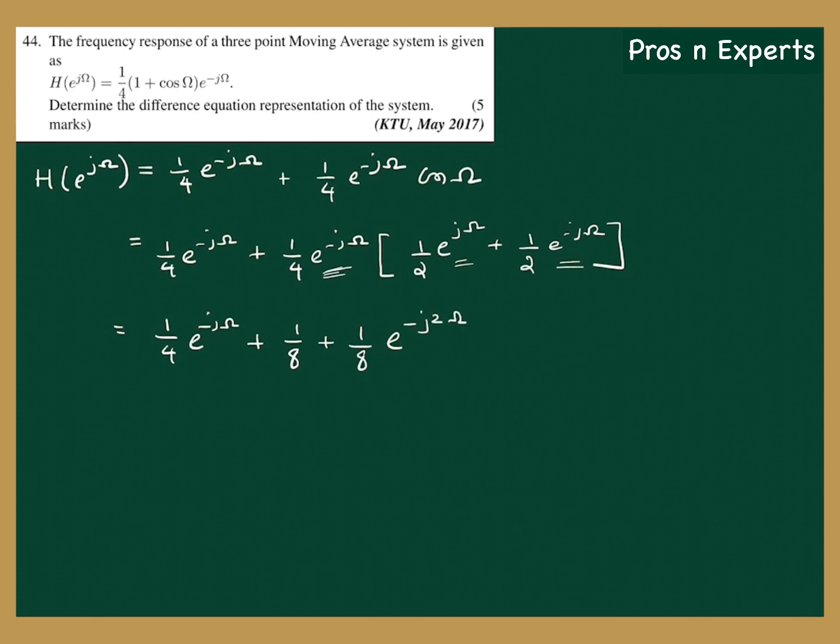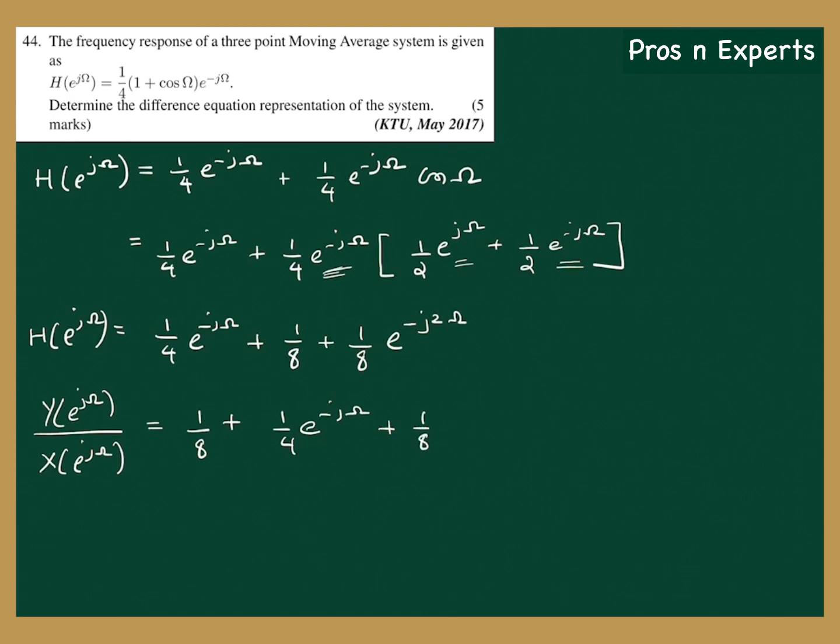Okay, so this is h of e raised to j omega, and you know this h of e raised to j omega is given as the frequency response, which is nothing but the ratio of output response divided by input response. So I can write it as y of e raised to j omega over x of e raised to j omega, output response divided by input response, is equal to, I'm just rearranging, 1 by 8 plus 1 by 4 e raised to minus j omega plus 1 by 8 e raised to minus j2 omega.